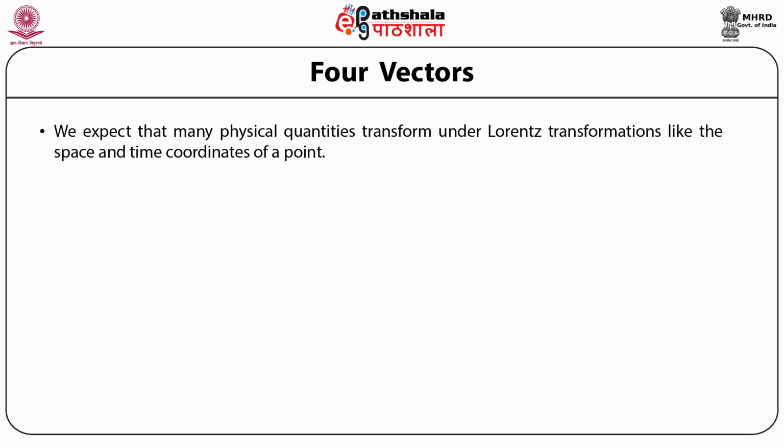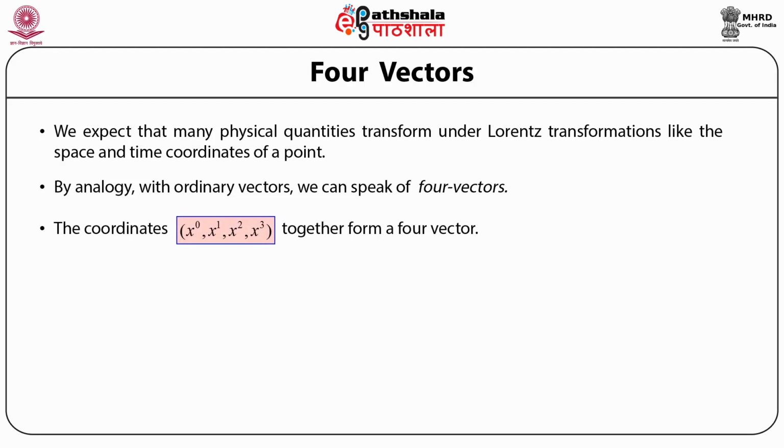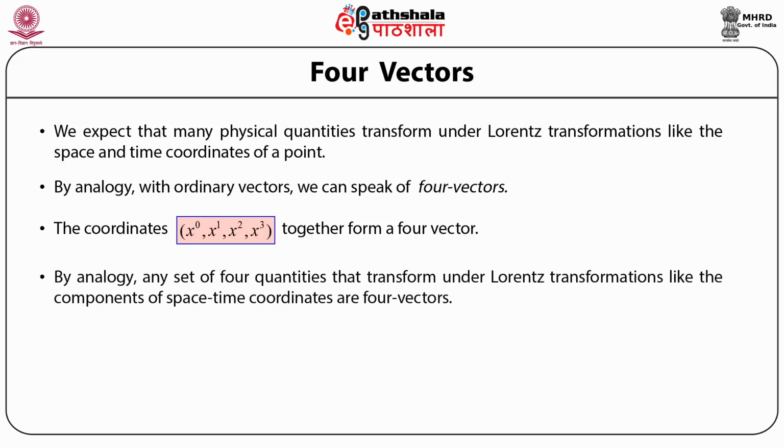Just like ordinary vectors have three components along the x, y and z direction, here we will have the four vectors as having four coordinates: x⁰, x¹, x² and x³, where x⁰ is the time coordinate and the remaining three are the space coordinates, and these taken together are called the four vector coordinate representation.